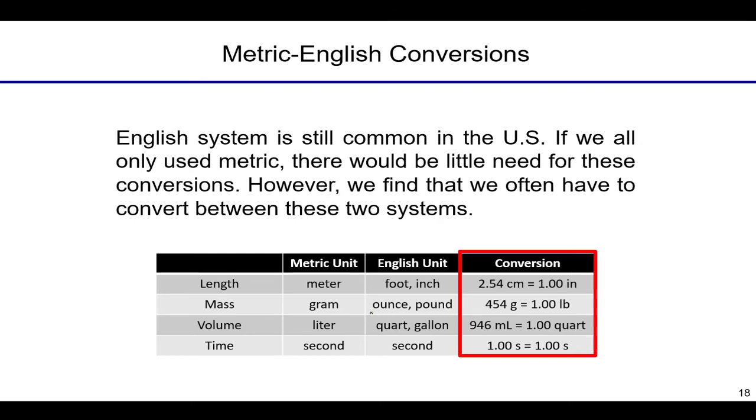But some countries use the English system, things like inches, pounds, quarts, instead of centimeters, grams, and milliliters. So we have to remember these conversion factors, and we need to use them in our dimensional analysis. We're still going to use the patented 3-step method, but we're just going to involve these unit factors instead.